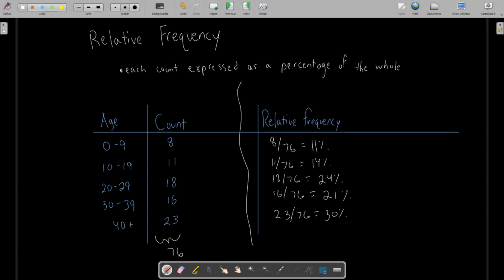So now we have our relative frequencies for our 5 categories in this data set.